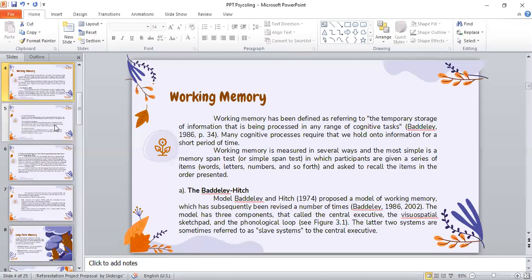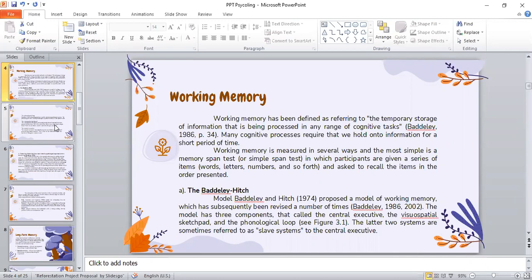A simple example is trying to remember a phone number that is spoken to you as you dial it. We need to hold the digits somewhere for a short period of time, and that somewhere has been termed working memory.